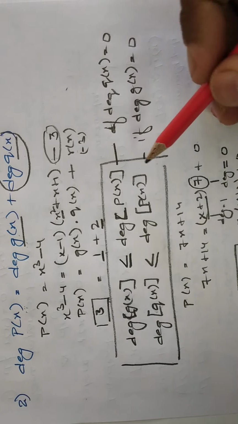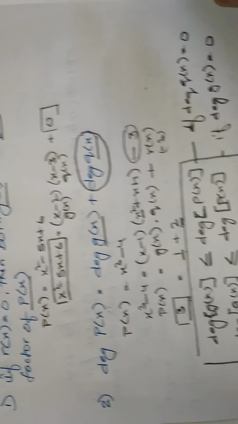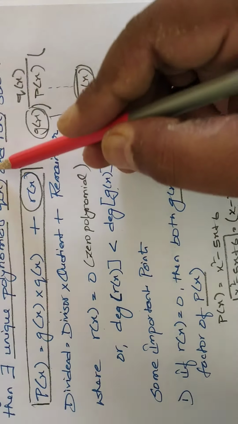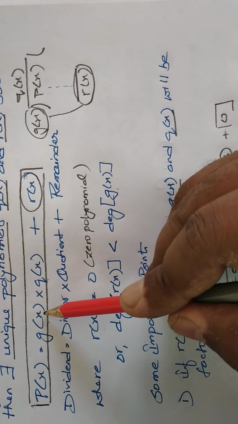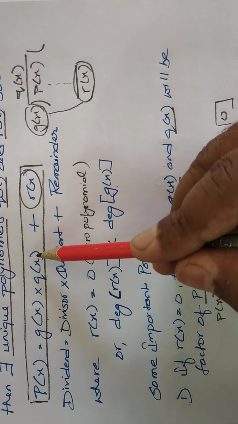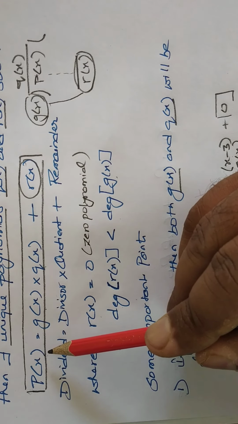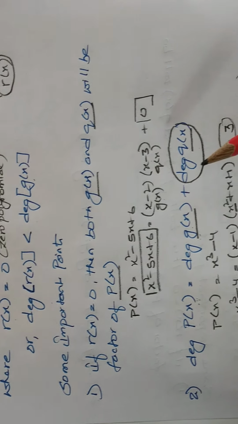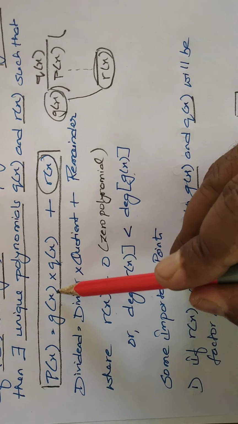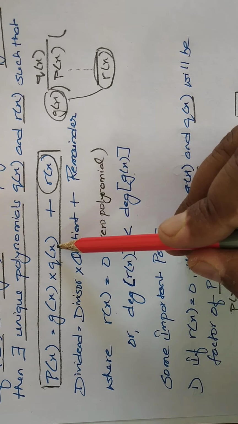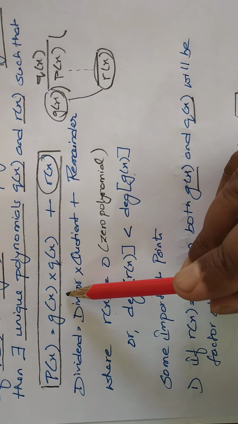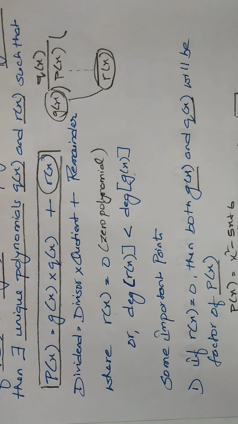So these are the few important points that we have studied. The first one is, if the remainder comes out to be 0, then this term will vanish and we are left with p(x) equal to g(x) into q(x). Then in that case, both g(x) and q(x) individually will be factors of p(x). And second, the degree of the dividend will always be equal to the sum of the degree of the divisor and the degree of the quotient.